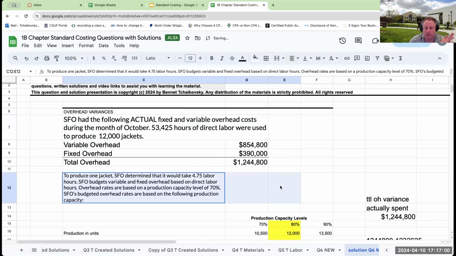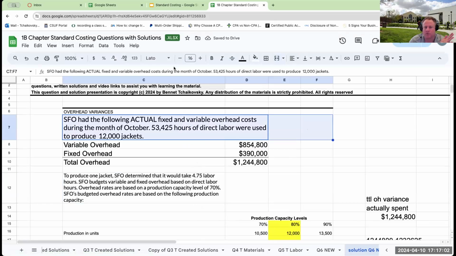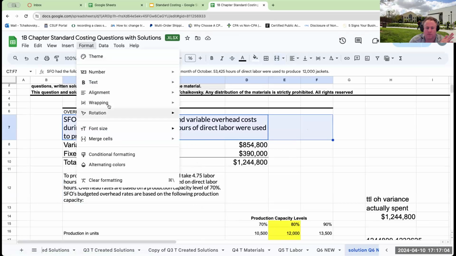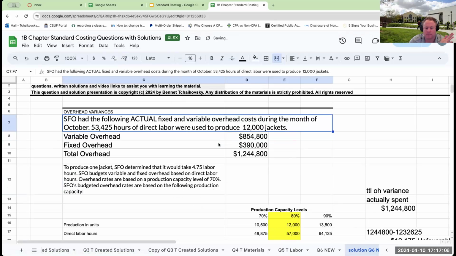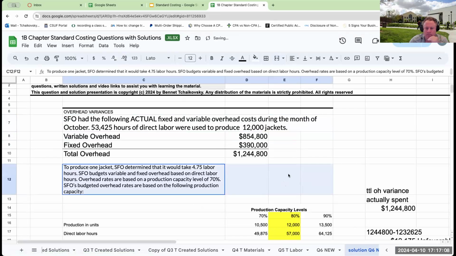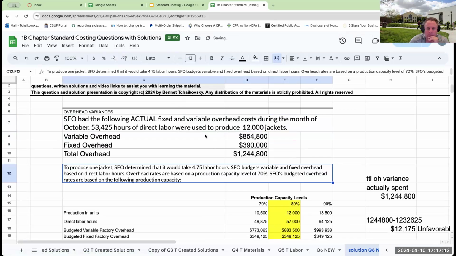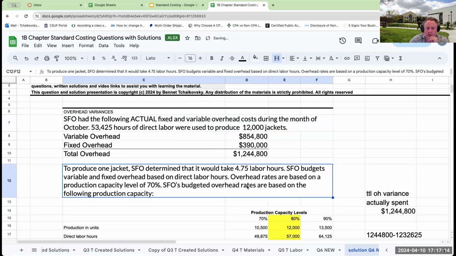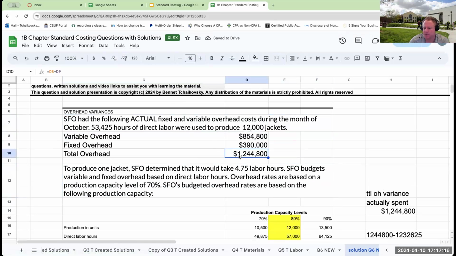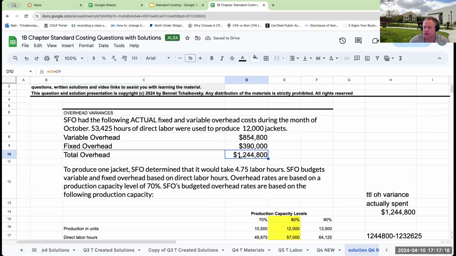There we go. And let's give us even some more room. Okay. So I spent 1,244,800 right now.